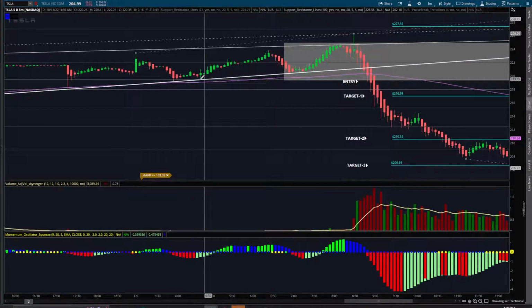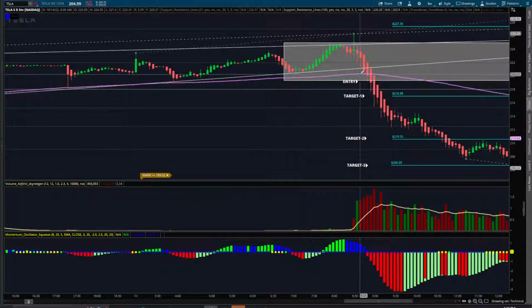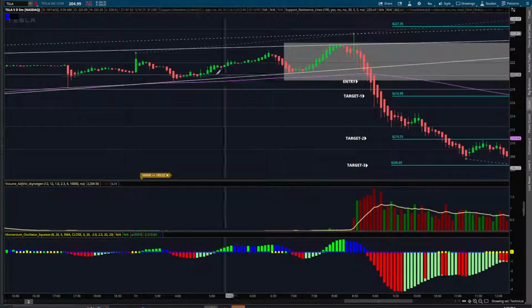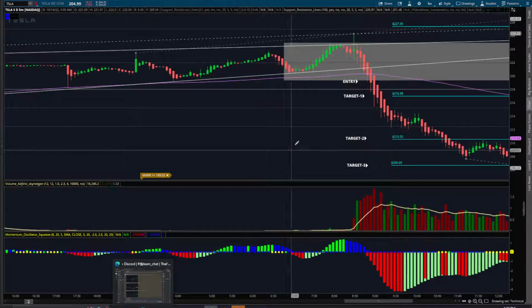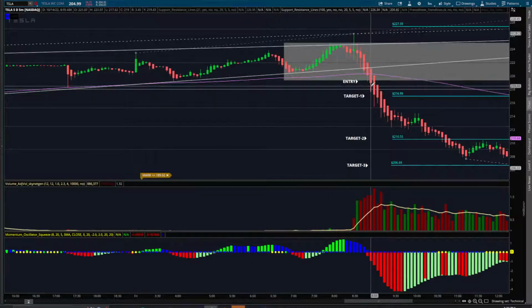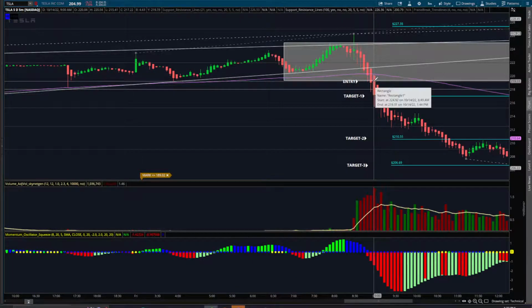Now the only problem here is that we're above the 200 EMA on the 5, but we are breaking this uptrend that I posted in the charts. All right, so that's still not entry. Entry is this right here.